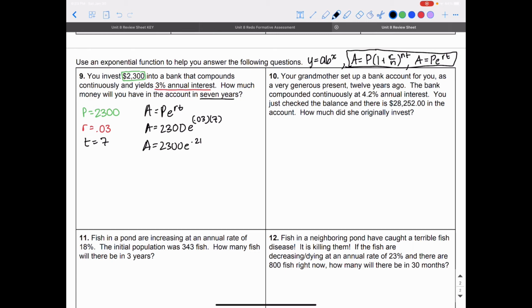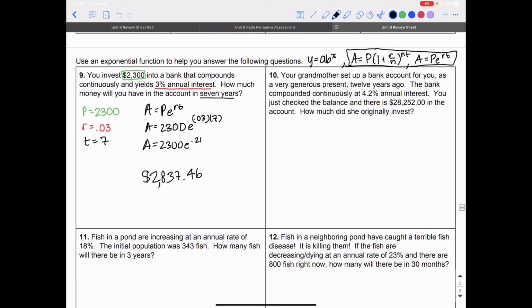And then I multiply that by 2,300. And I get $2,837. And I round to the nearest hundredths place, since we have pennies. And I get 46 cents. Yeah, 46 cents. And that's my answer of how much money I'll have after 7 years. And notice it is more than the original, which it should be.